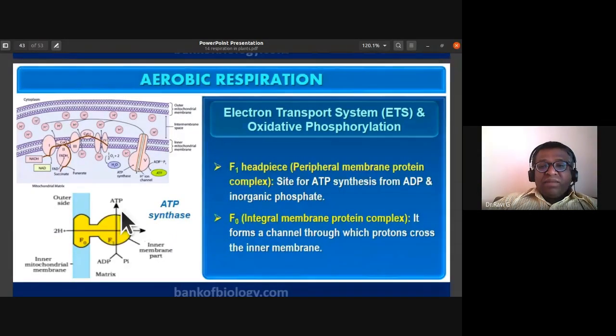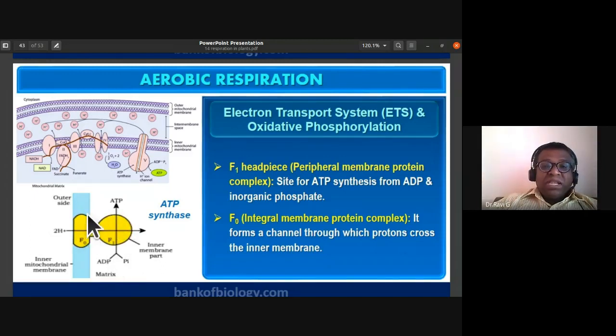F1 is the site for ATP synthesis. It is in the F1 headpiece that ATP is synthesized from ADP and inorganic phosphate.